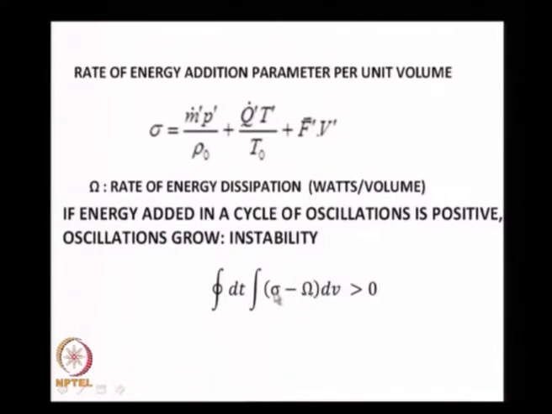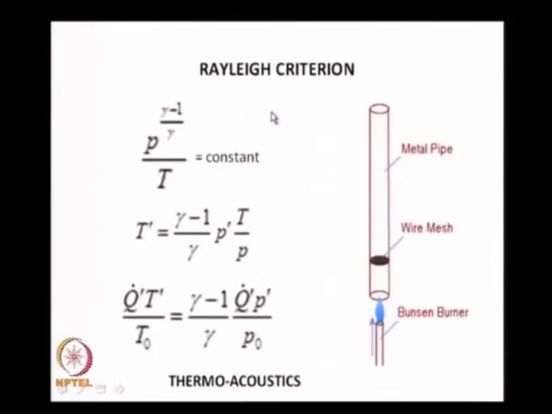We had a dissipation term and an energy supplying term over a cycle of oscillations. If it is greater than 0, an oscillation could occur. The only thing important for us to remember is that Q prime and P prime should have the same frequency, otherwise it is just not possible. I think that is basic to it.